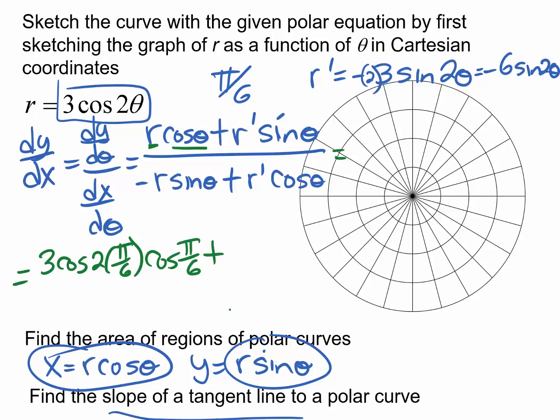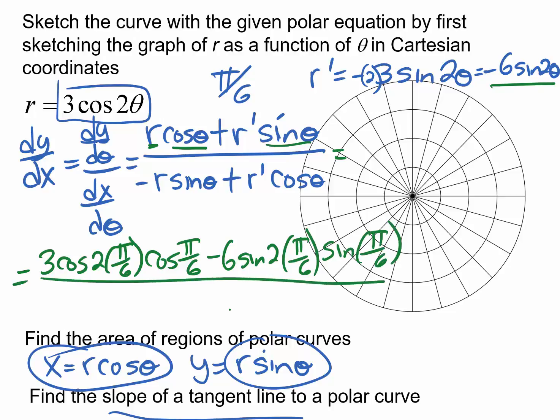Okay, plus r prime was right here, so it's actually going to be a minus 6 sine 2, and our theta is pi sixths, and then I've got sine theta, so sine pi sixths. Okay, and that's over negative r.